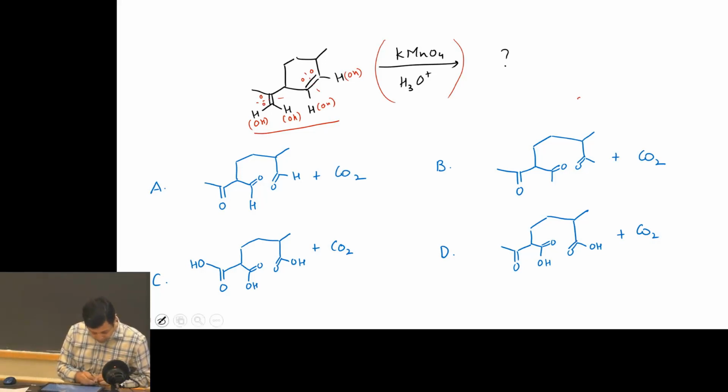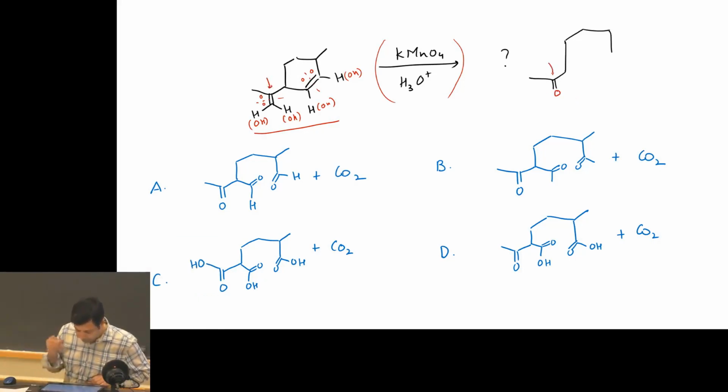So let's write the product. That becomes a ketone, this carbon. This carbon becomes a carbon dioxide. It's a terminal carbon, it's a CH2, so it will form carbonic acid.